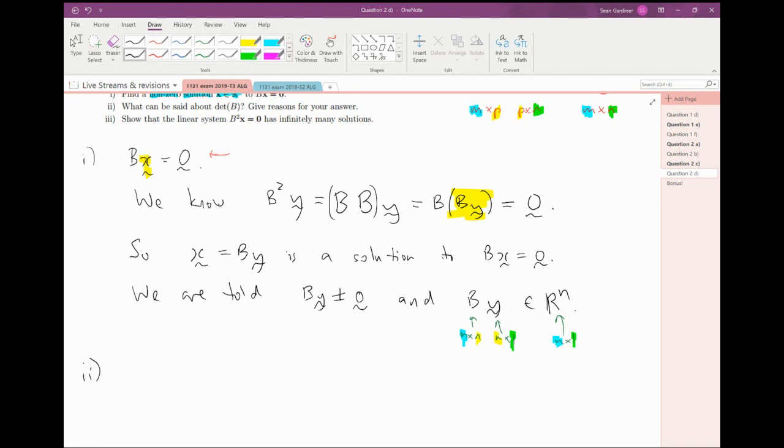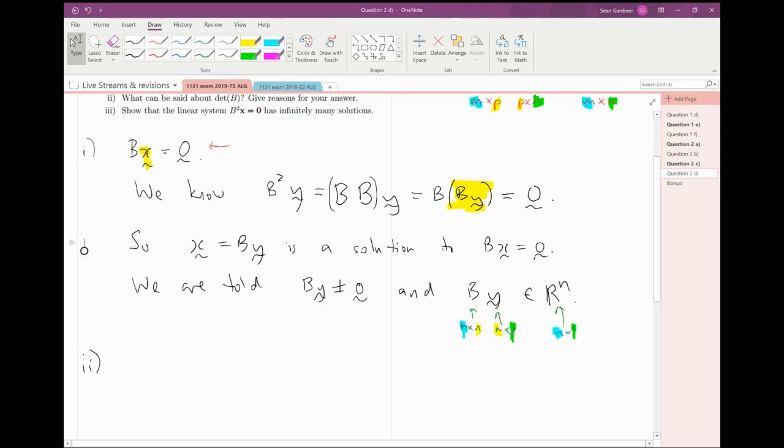And this is where I suspect that there are quite a few ways to approach this, right? There is, in fact, even a proposition in the notes that you could use to immediately say something about the determinant of B. But I'm going to pretend that I don't know all the propositions from the book by heart and try to derive some information about it.